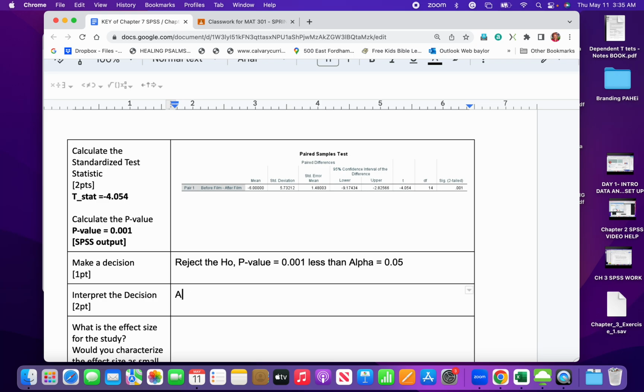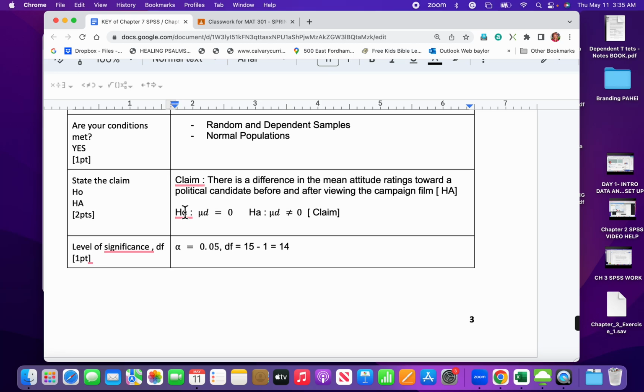At the 5% significance level, we can conclude that the claims in the alternative, there is enough evidence to support the claim that, and then we go pick up the claim.